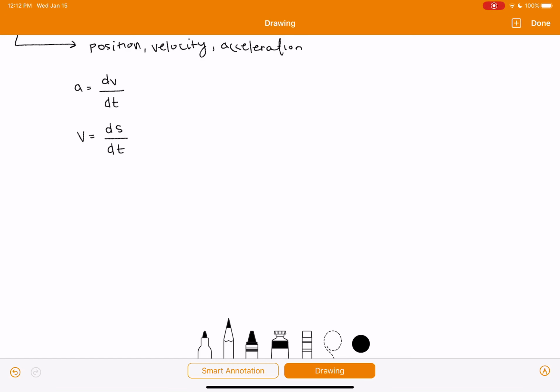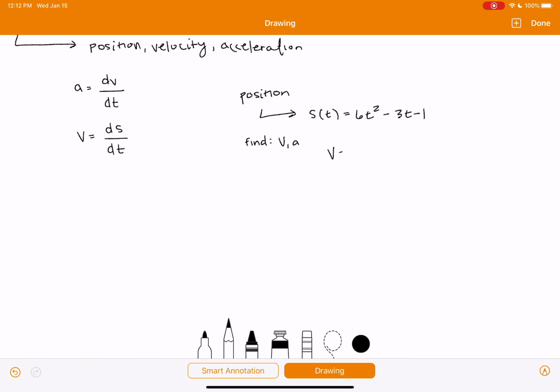So if you had the position of a particle given by the relation of this equation right here, s of t equals 6t squared minus 3t minus 1, and you wanted to find the velocity and acceleration, you can just take derivatives.